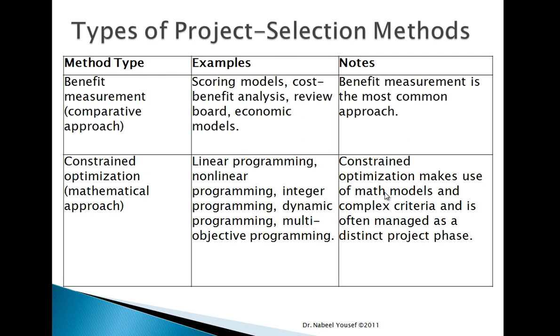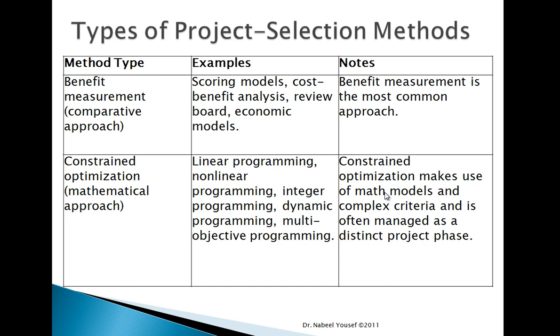So the types of project selection method, like we said, are the benefit measurement and the constrained optimization. Examples for the benefit measurement are scoring models, cost benefit analysis, review board, and economic models. While for the constrained optimization, examples are linear programming, non-linear programming, integer programming, dynamic programming, and multi-objective programming.